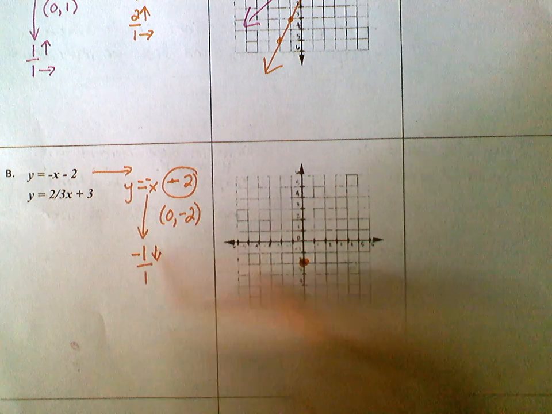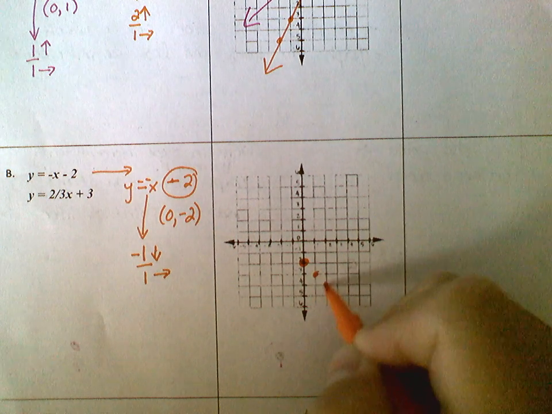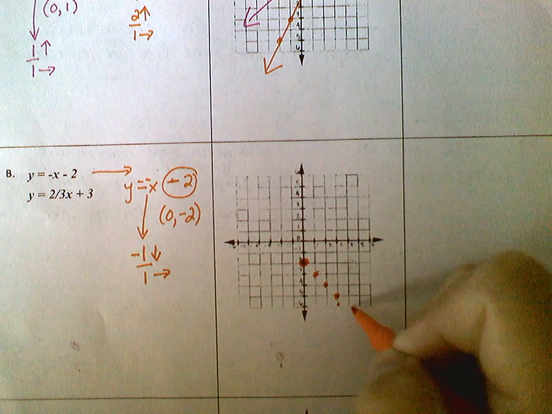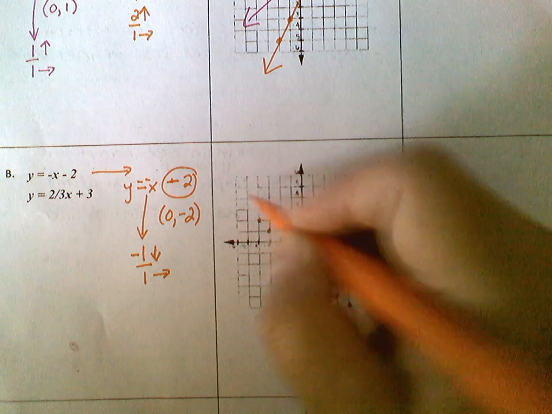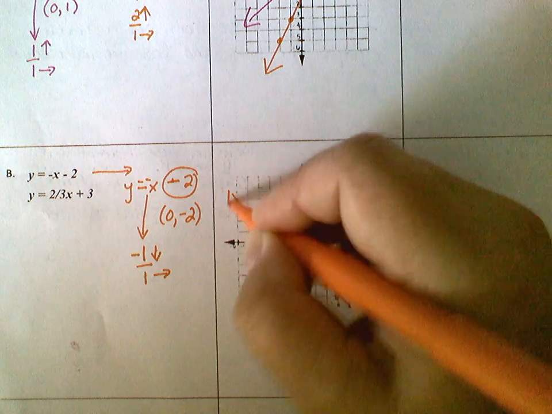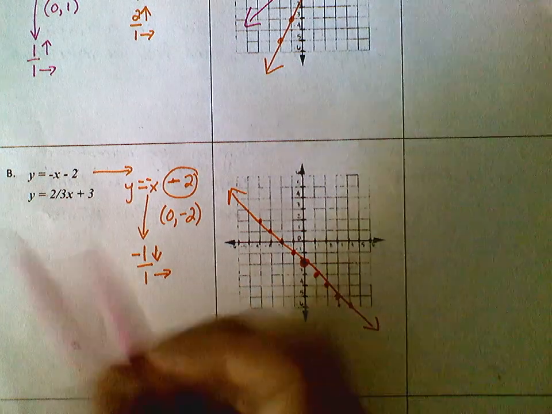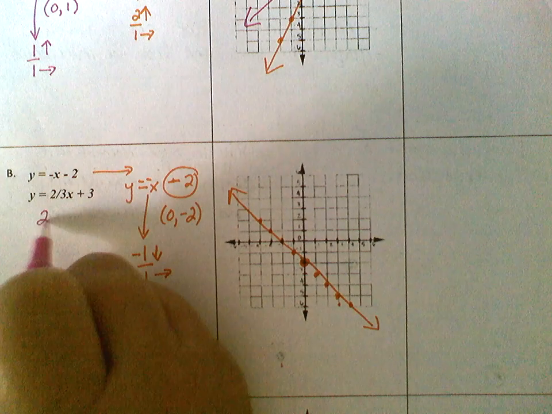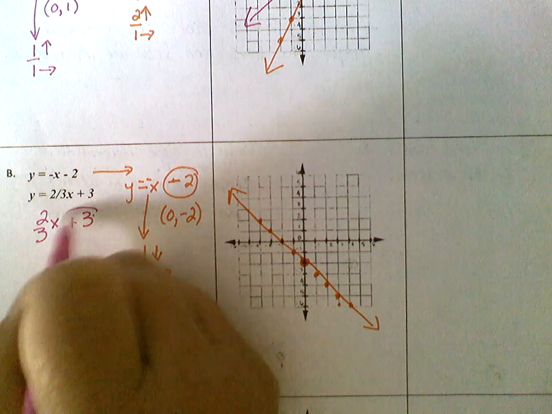So -1 tells us to go down and right. So down 1, right 1. Or up 1, left 1.